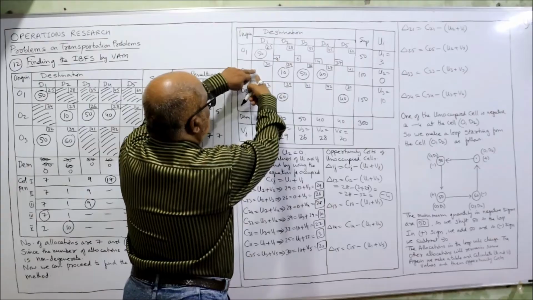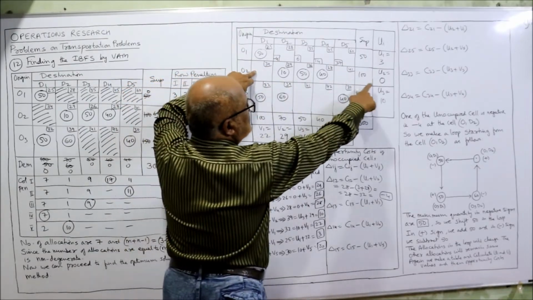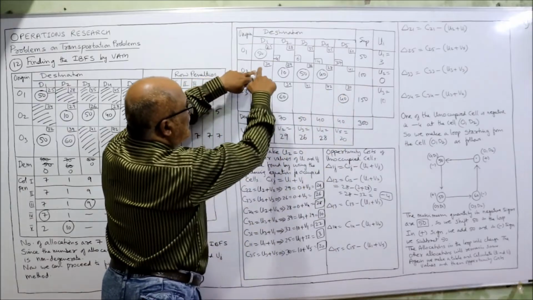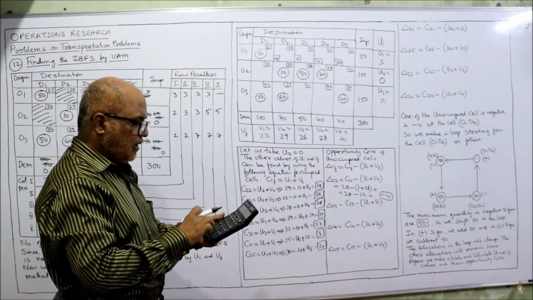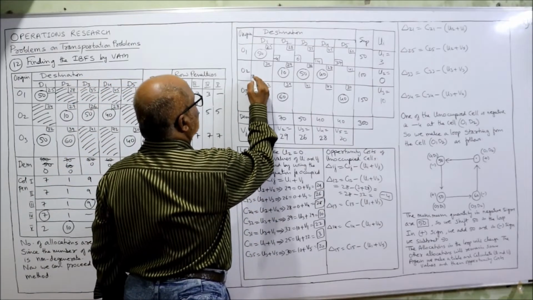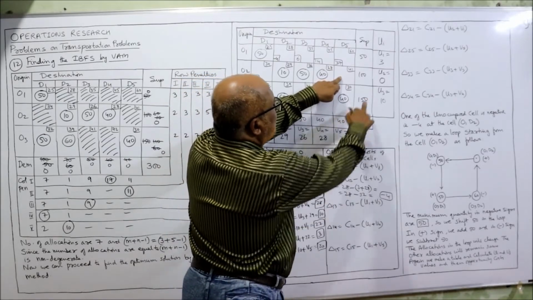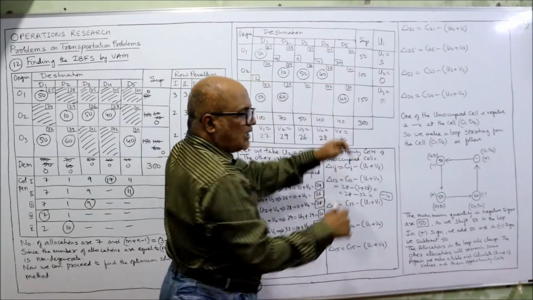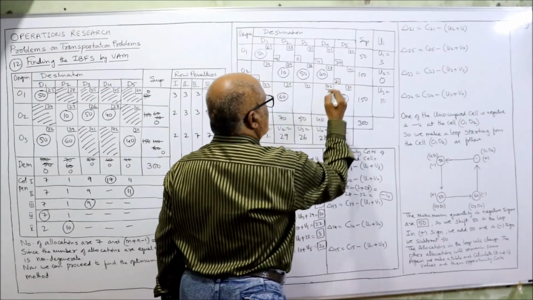Here, what is the Cij? 34. So here 22 plus 0 is 22. 34 minus 22 is 12. So here I am taking 12. Here Cij is 41. 20 plus 0 is 20. 41 minus 20 is 21. Right?